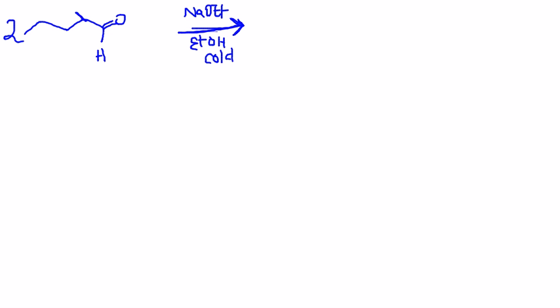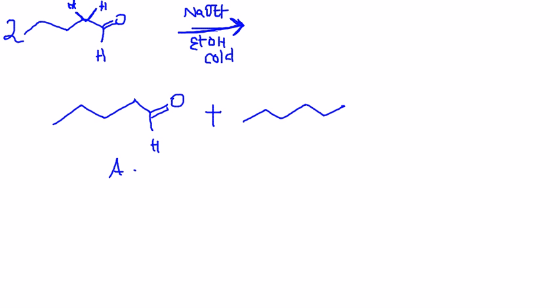It's essentially step 1, alpha hydrogens that we are seeking, which we are going to remove. And so you're going to see one of these molecules that will behave like an acceptor, the other that will behave like a donor. So this is my acceptor. I'm going to make the enolate of the other one.